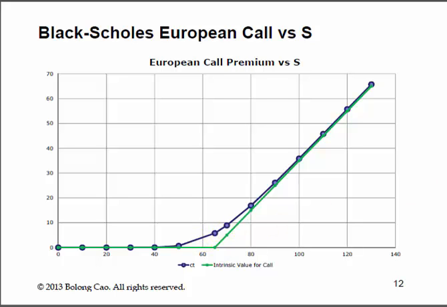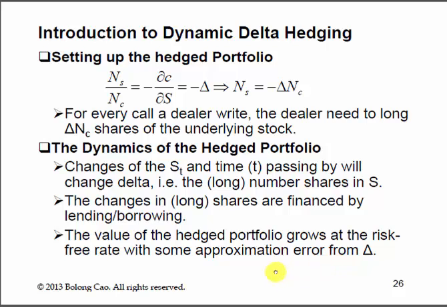So it's a linear approximation. Because it's a linear approximation, there will be approximation error. And what we will see is that our hedged portfolio will grow at the risk-free rate, but with some approximation error. And that approximation error comes not only from delta itself, but also from the fact that time is passing by.